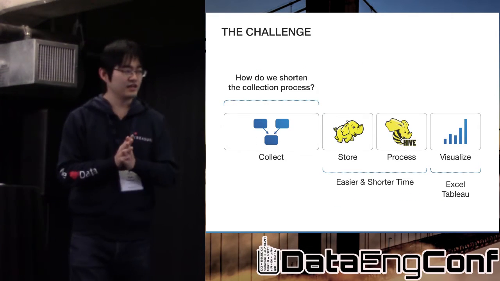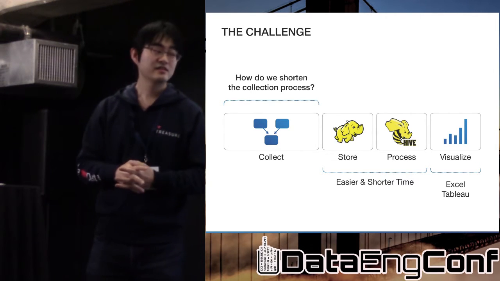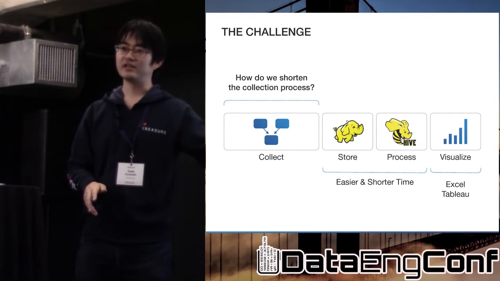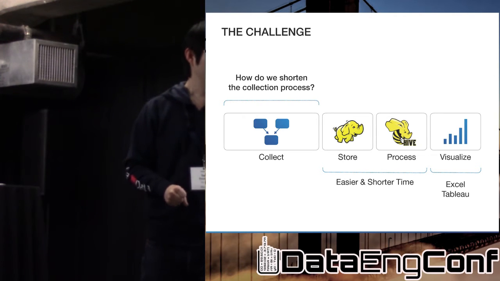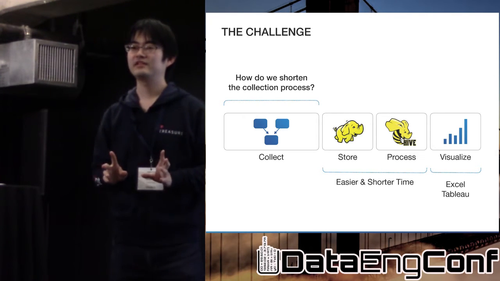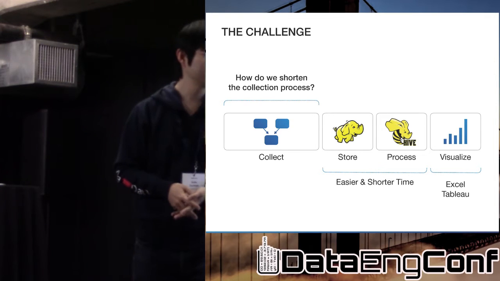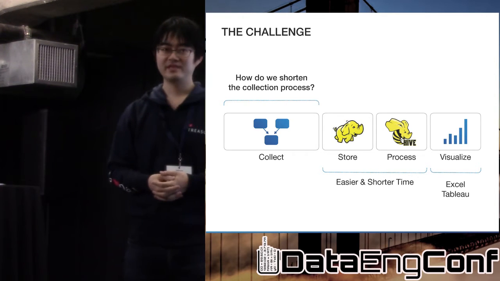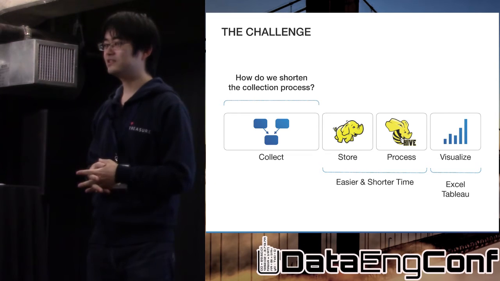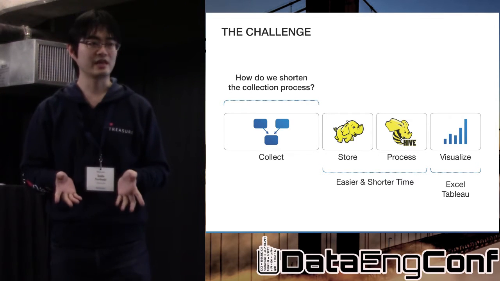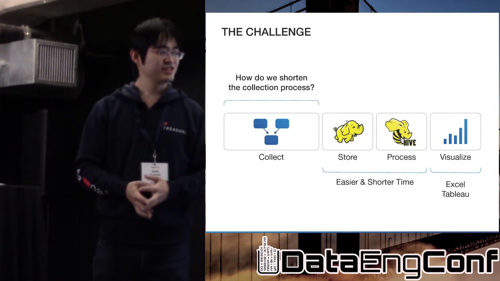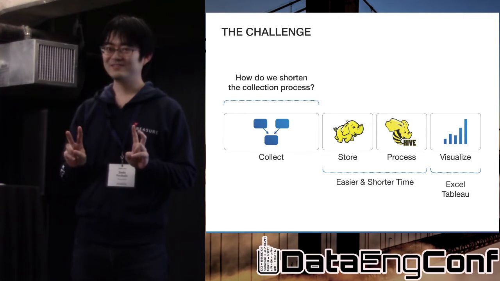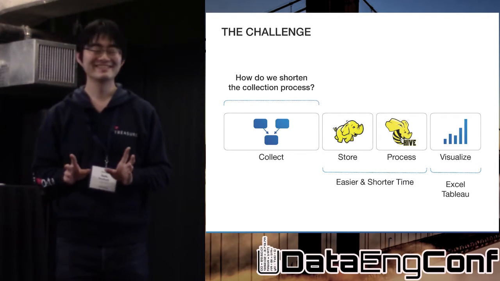And these days, especially in these 3 or 4 years, I think there are many tools created for storage and processing. Hadoop is one of the biggest things, and you now have Spark. You also have Presto. And to store data, you can use HDFS, Amazon S3, or Google Cloud Storage. It's very good. For visualization, in fact, Excel is one of the best tools to visualize the data.